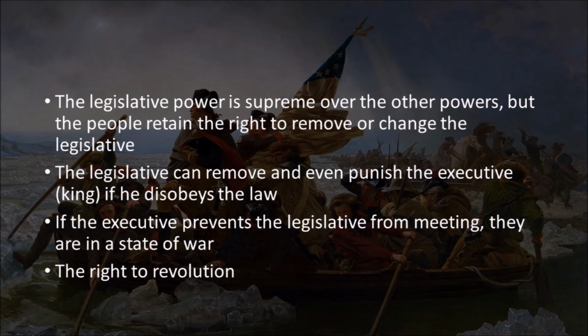That is, he is the servant of the legislature. And if he violates that law or fails to execute it according to the legislature's wishes, then he says the king has no right to obedience. So here we see the seeds of what becomes Locke's argument for the right to revolution.